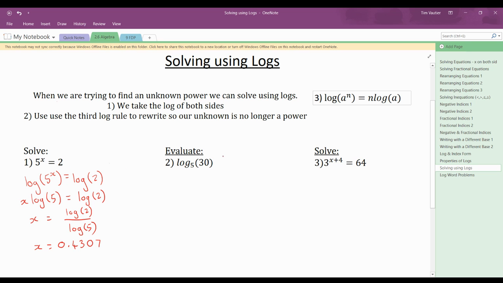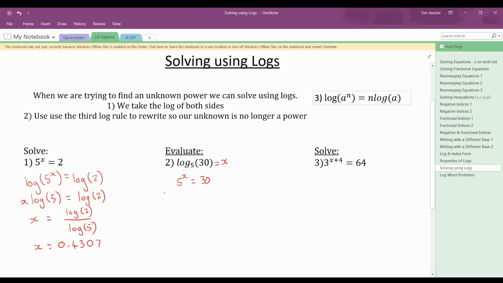This next one here, we've got log 30 with a base of 5, and so we're finding out what this is equal to, i.e. x, and so we can write this in index form: 5 to the power of x is equal to 30.